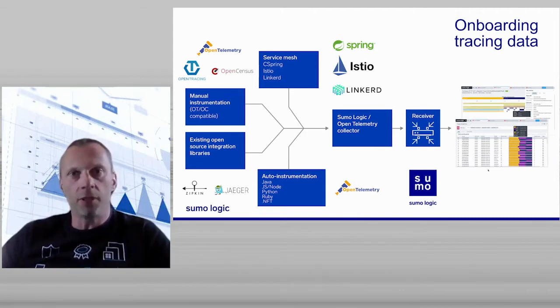If you still did not adopt any of these tracing standards, it is very easy to start by attaching OpenTelemetry auto instrumentation already available for languages like Java, JavaScript, Node.js, Python, Ruby, .NET, or leveraging existing OpenTracing capabilities of service meshes that we also support out of the box.